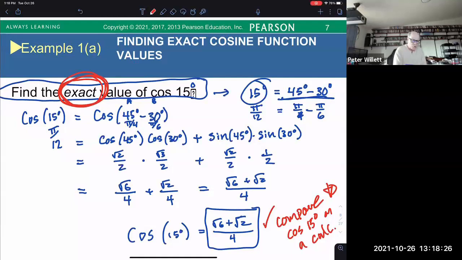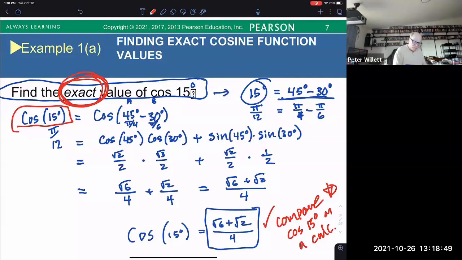So once you got what you believe to be the exact value, you could type this expression on a calculator, square root of 6 plus square root of 2, now divide that by 4, and see what decimal you get. And then you could type on your calculator cosine of 15 degrees in degree mode and see if you get the exact same decimal.